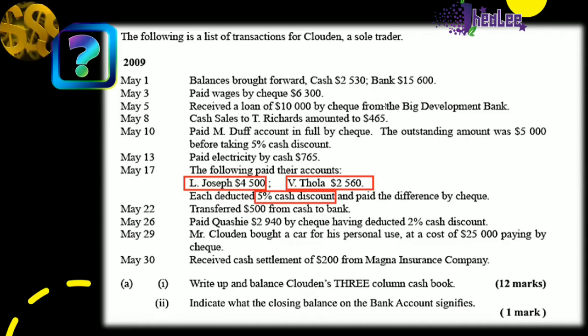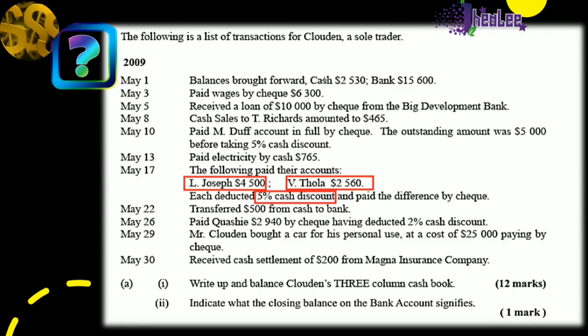We have to take out that 5% cash discount out of the value that was owing by each customer, and then the difference is recorded in the bank account because they are paid by check, and the discount has to be recorded in the discount column. 5% of $4,500 give us a value of $225.